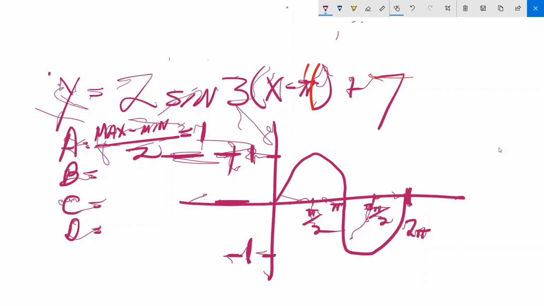The next easiest thing to get is D, which is the max plus the min divided by 2. What's the max plus the min?